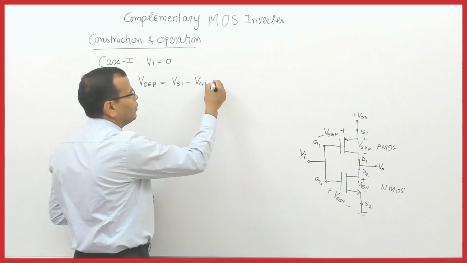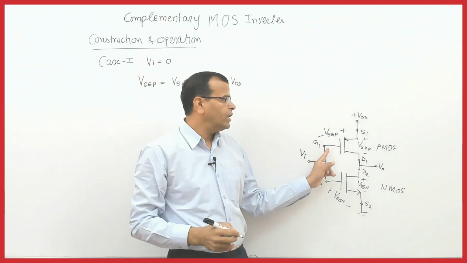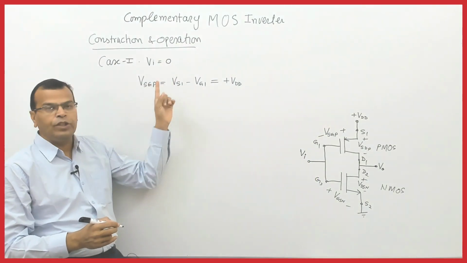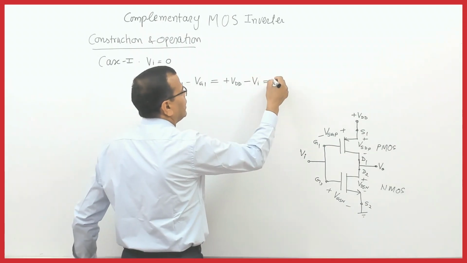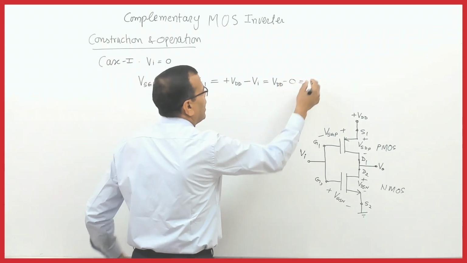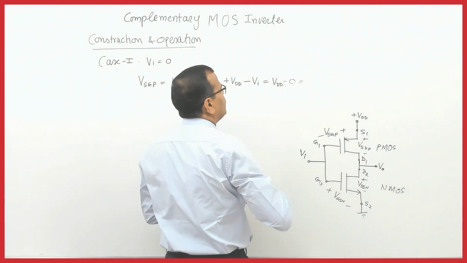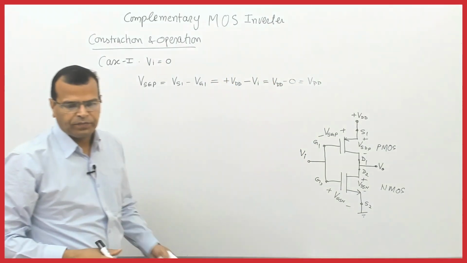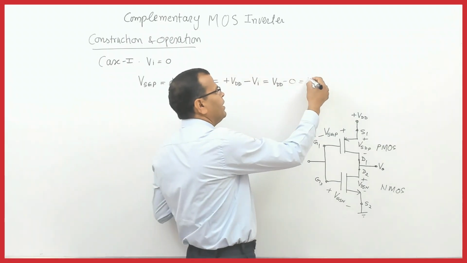So this is equal to plus VDD minus voltage at G1, that is input voltage, and what is the input voltage? 0. So VSGP is equal to VDD minus VI, that is plus VDD minus 0, and that will be plus VDD. That's it. So the voltage VSGP is equal to VDD.